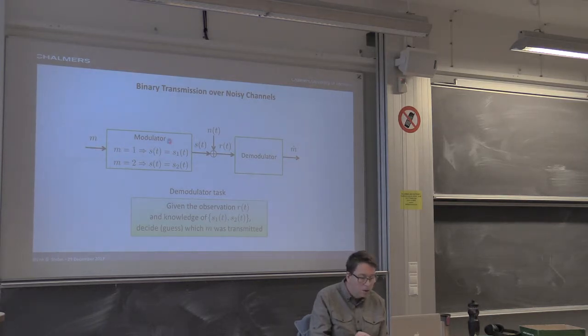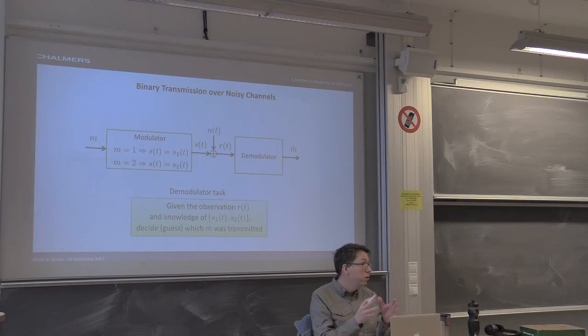Okay. What is the modulator? The modulator is a digital to analog conversion. And since the input can only be 2 things, the output can only be 2 things, right? Because there is no randomization here. It's a deterministic device. If it gets m equals 1, then it outputs one signal.